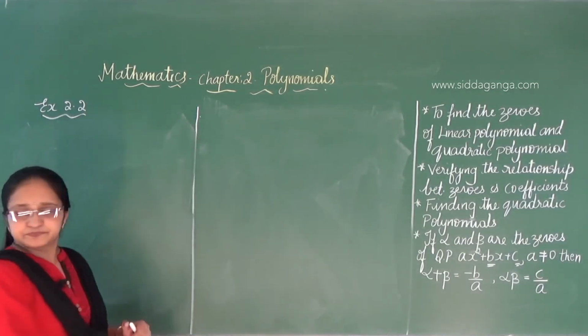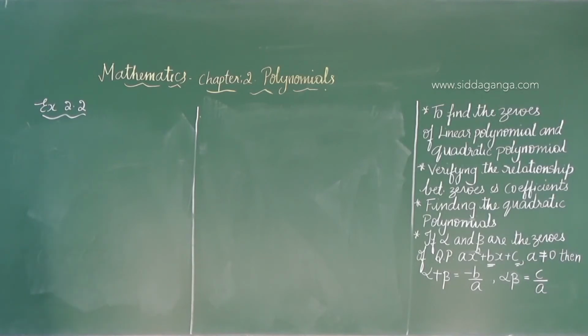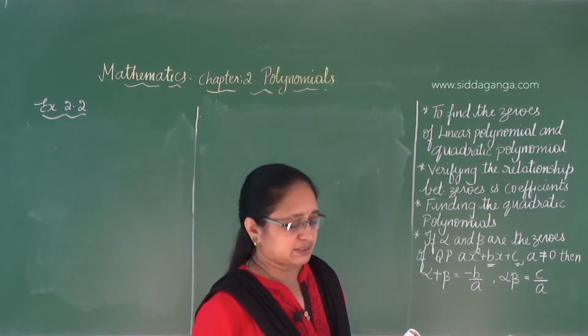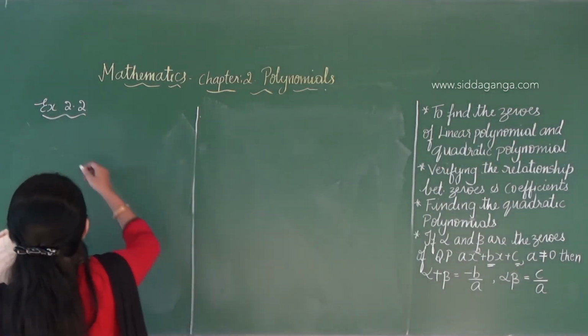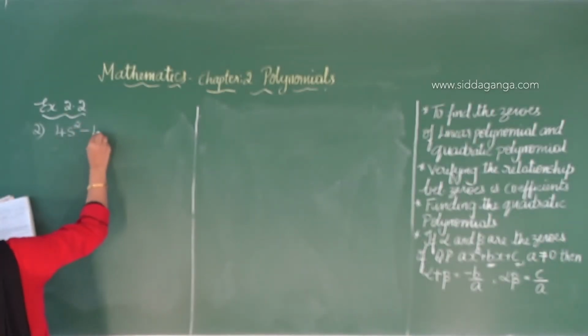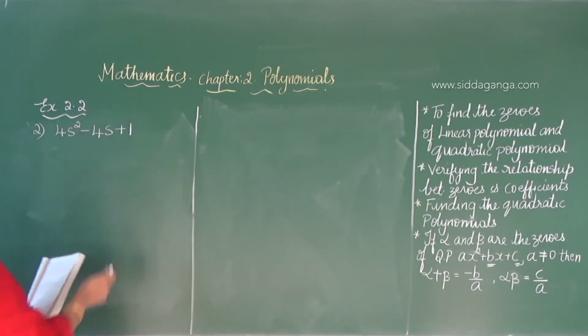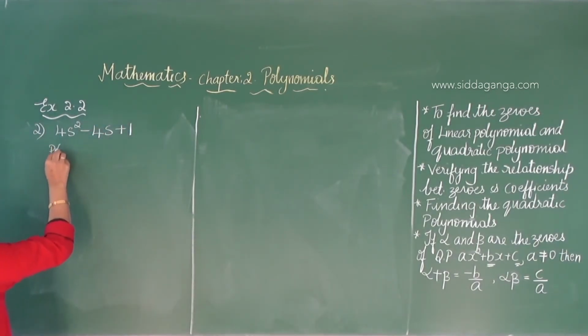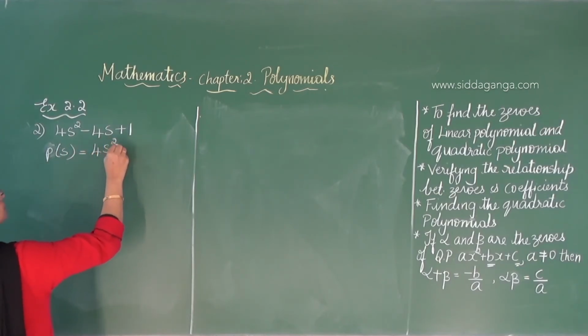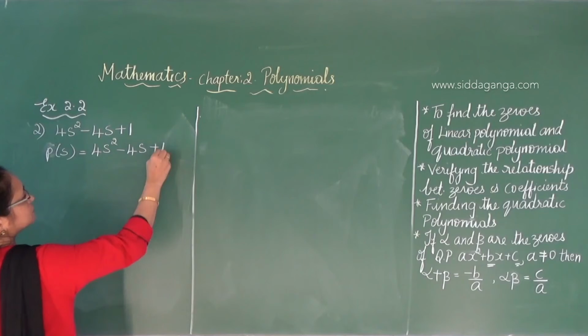So, second sum is 4s square minus 4s plus 1. Now, to start with, p of s is equal to 4s square minus 4s plus 1.